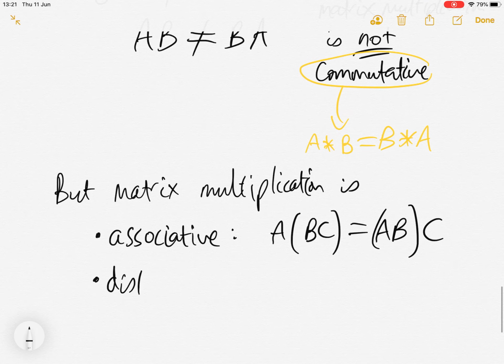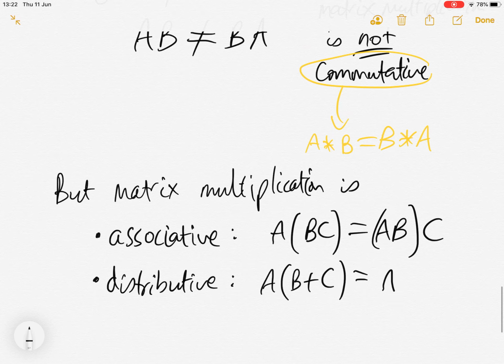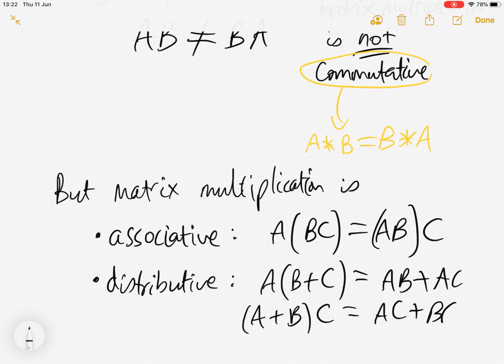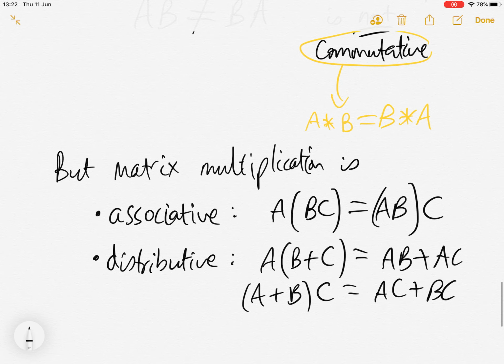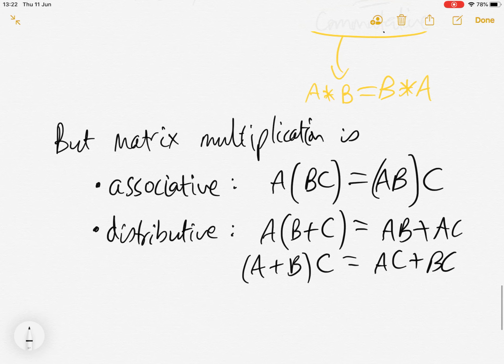And it's also distributive. This means, for example, that A times B plus C is AB plus AC, and A plus B times C is AC plus BC. And also if we have a scalar beta outside, that would also be multiplied by everything.